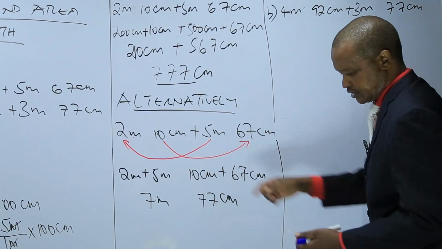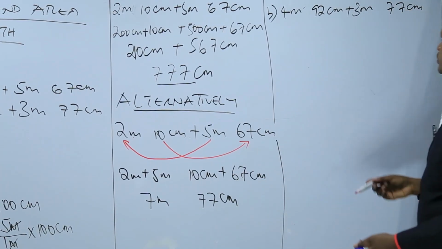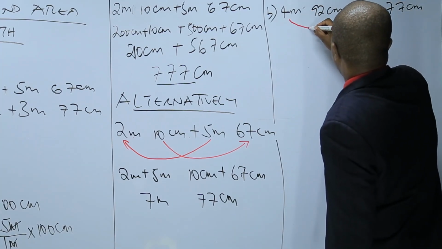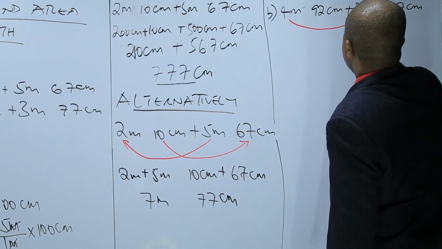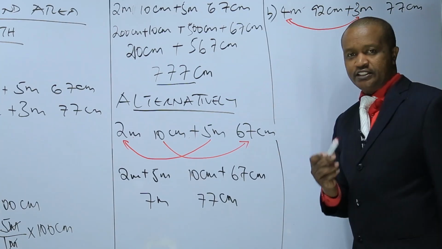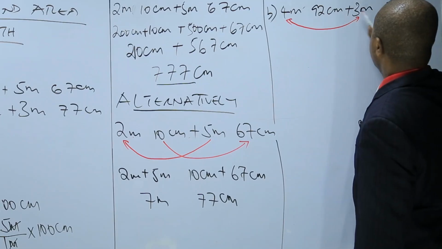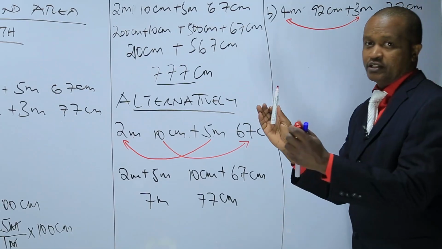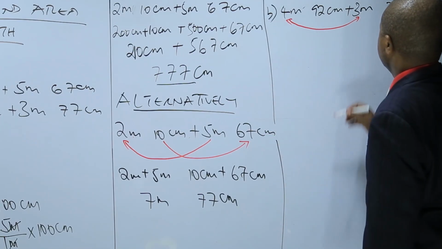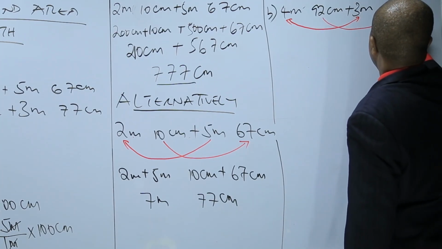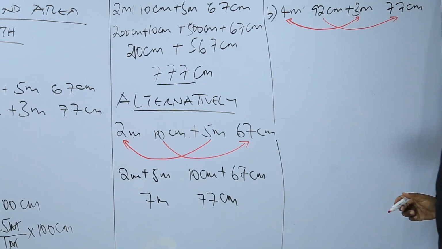Using the first alternative method, we can add 4 meters plus 3 meters. These are similar units because you cannot add meters to centimeters. You put together the similar units. Then 92 centimeters plus 77 centimeters.